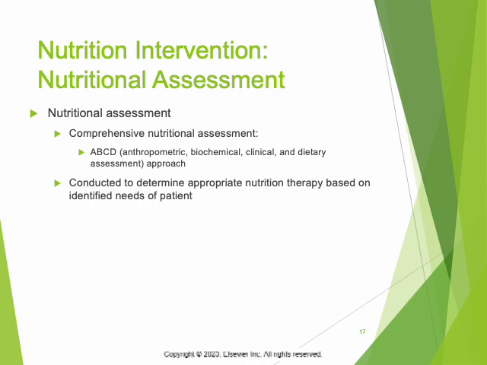The first step of a formal NCP is a comprehensive nutritional assessment conducted by the registered dietitian. They're collecting all the information from different sources, the chart, the information you gathered perhaps, and their own interview. And because no one parameter directly measures their nutritional status, it really has to be determined by what are all the problems and identifying the needs to improve.